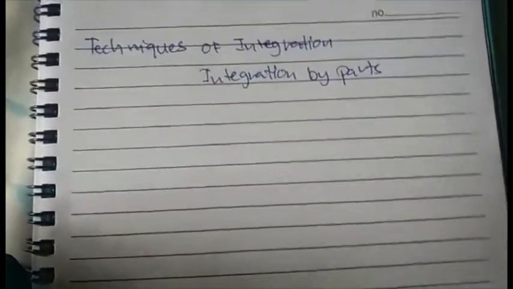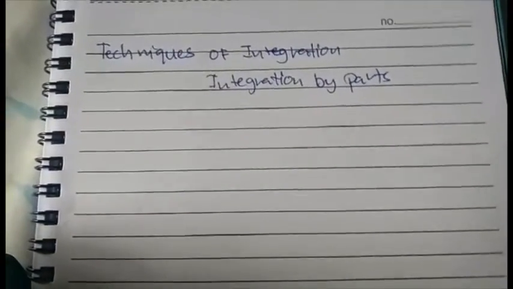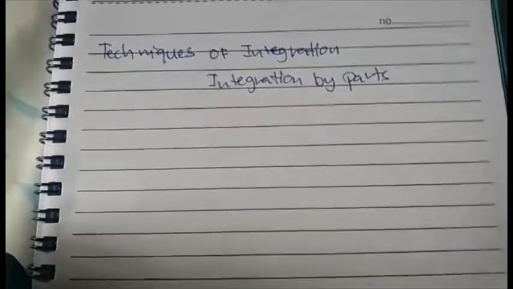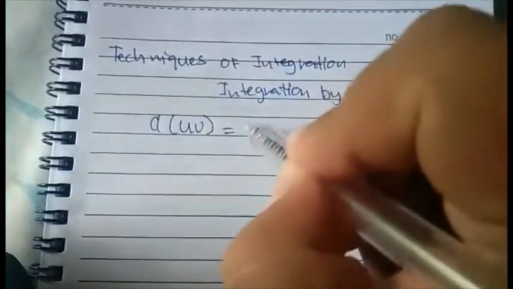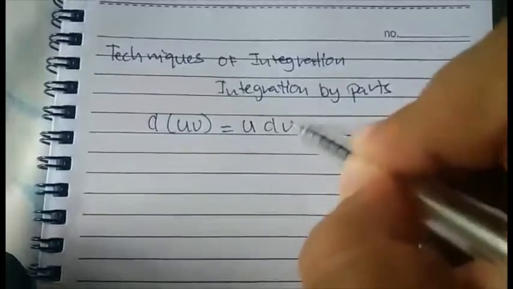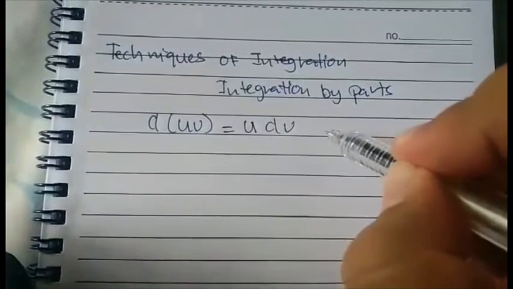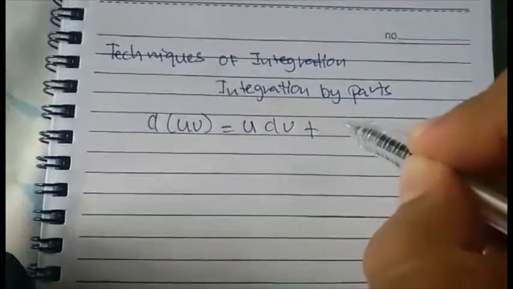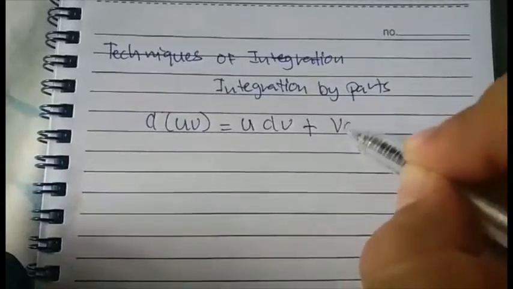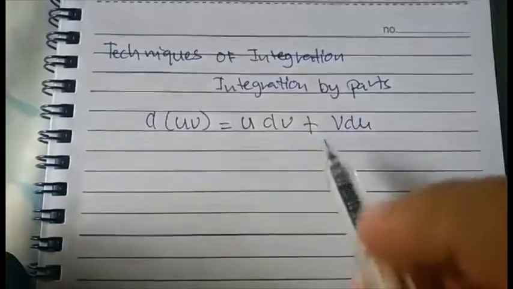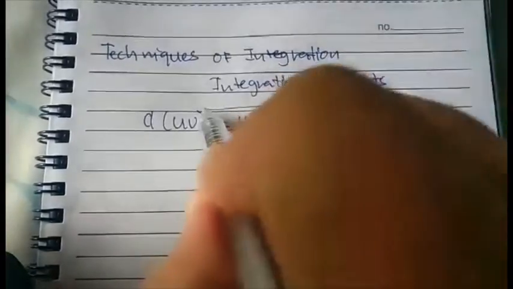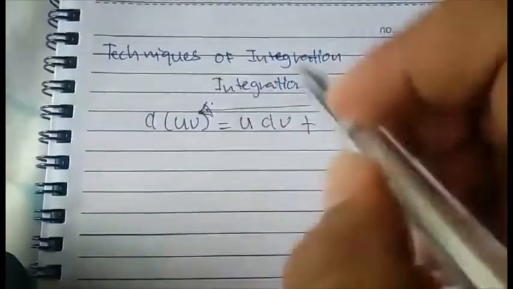So today we're going to tackle techniques of integration, integration by parts. First, we're going to recall our derivative: d of uv equals u dv plus v du. Then, as always, we're going to transpose right here, right?